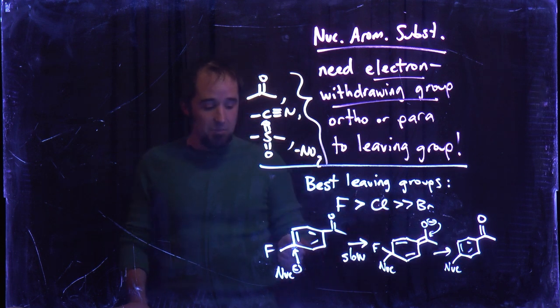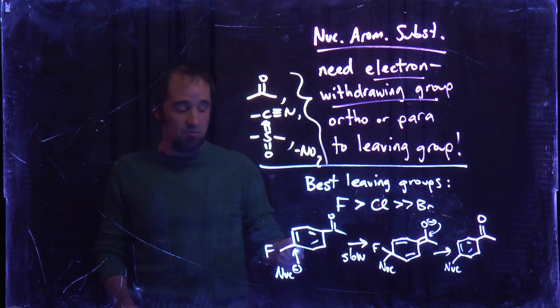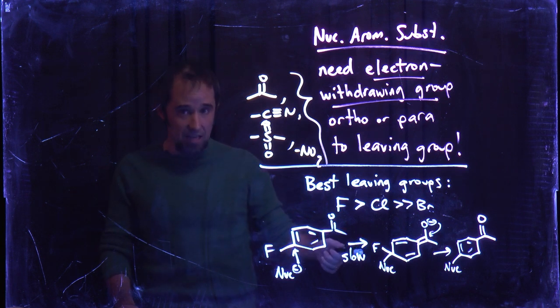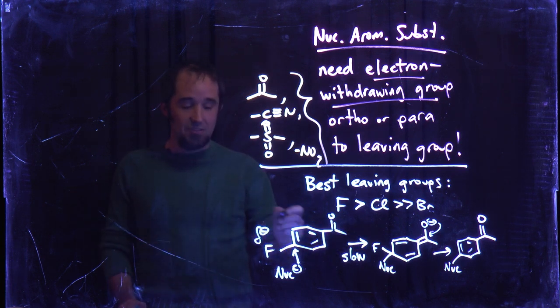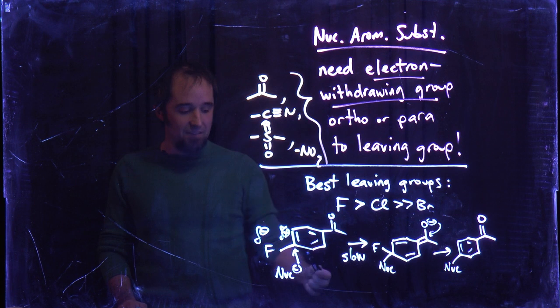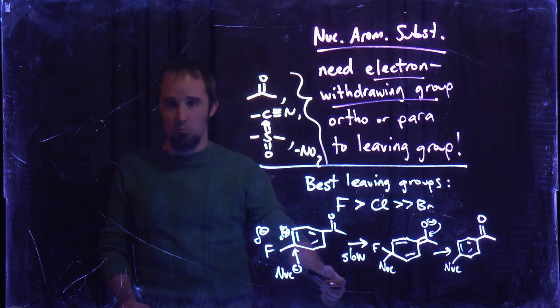So fluorine actually makes this reaction faster. Fluorine makes the first step, the slow step, faster because, as you know, it's really electronegative, which makes that carbon really electropositive, right? So the more positive this carbon is, the faster it's going to react with some negatively charged or electron-rich nucleophile.